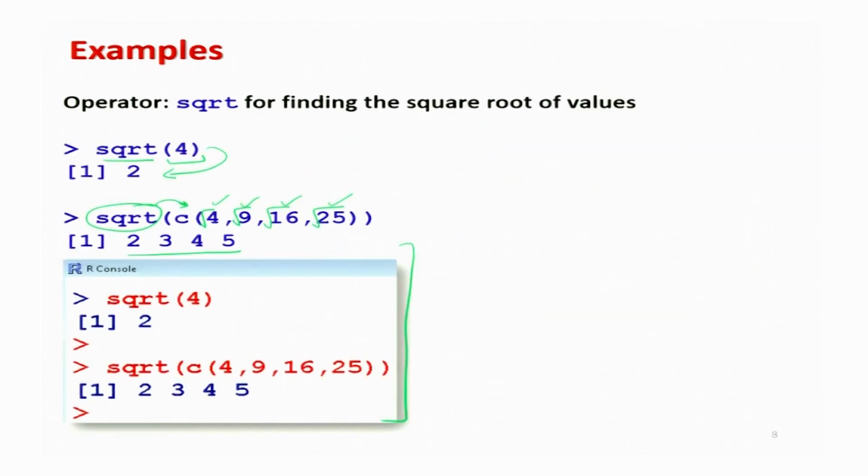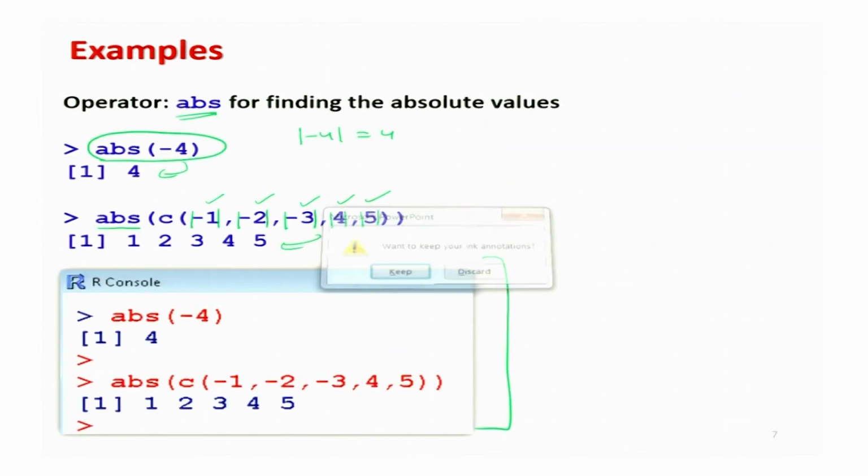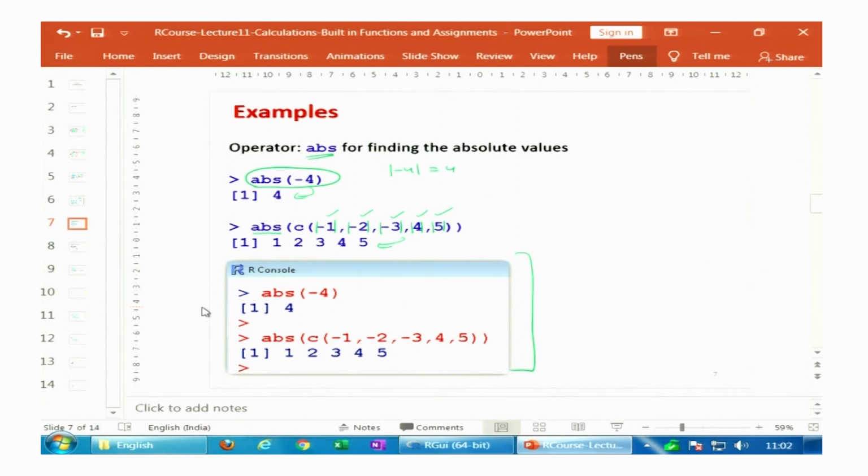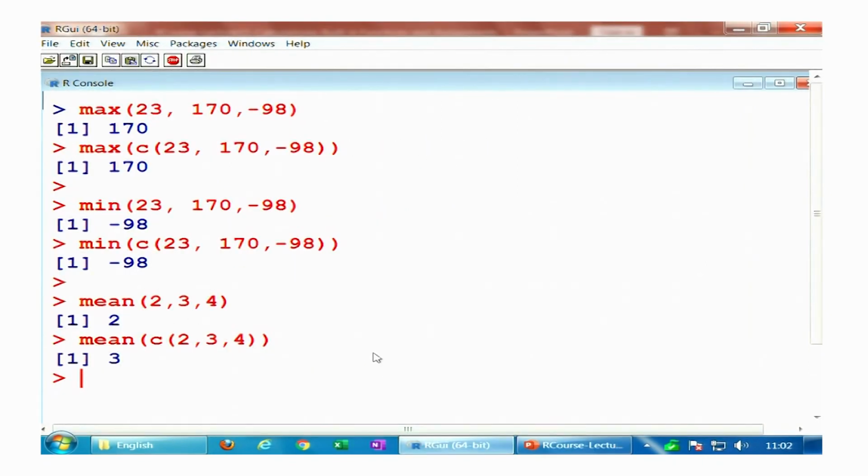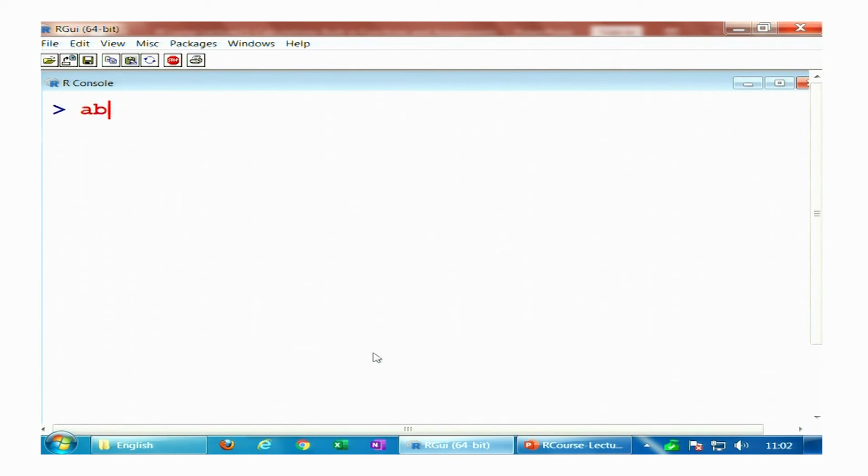So, let me first give you the examples of these things, so that you get more confidence about how they will be working on the R software. I will try to take the example of all the numbers whatever I have considered. So, I will take an absolute value of here say minus 8. So, you can see here this is here 8, and if I try to find out the absolute value of some data vector, say minus 8, minus 9, then 1 and 2, you can see that it is coming out like this.